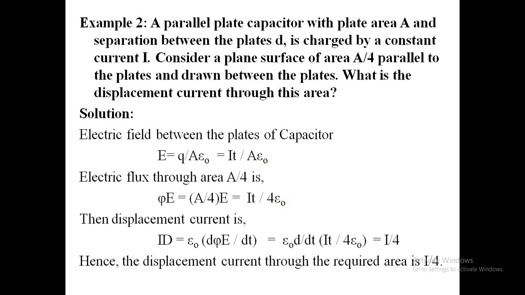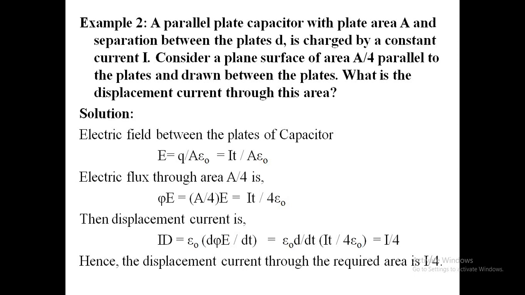Example 2. A parallel plate capacitor with plate area A and separation between the plates as D is charged by a constant current I. Consider a plane surface of area A by 4 parallel to the plates and drawn between the plates. What is the displacement current through this area? Electric field between the plates of the capacitor is given as E is equal to Q by A epsilon naught, and substituting Q as IT we get IT by A epsilon naught.